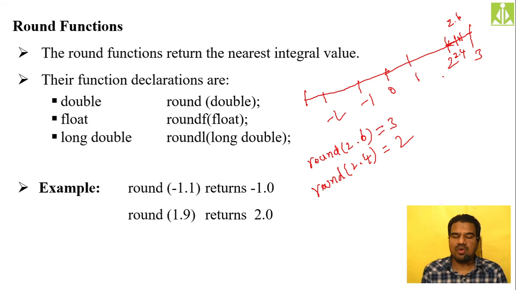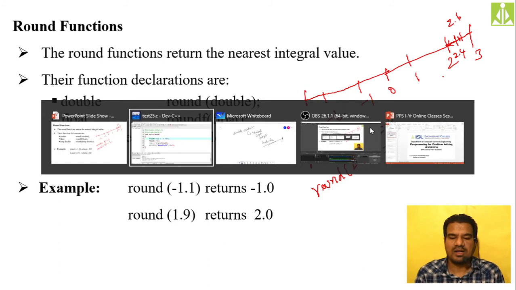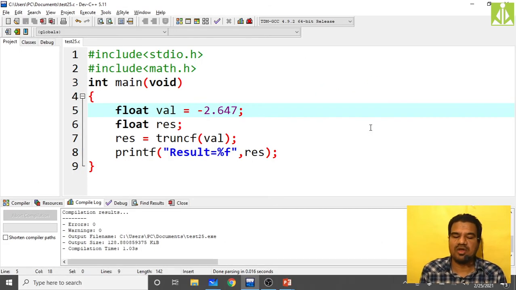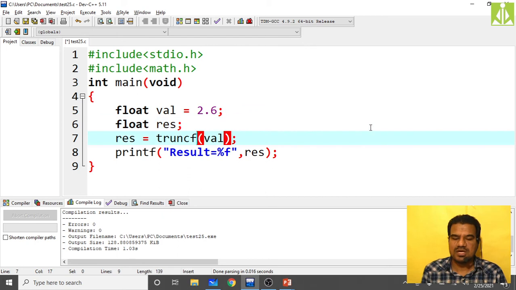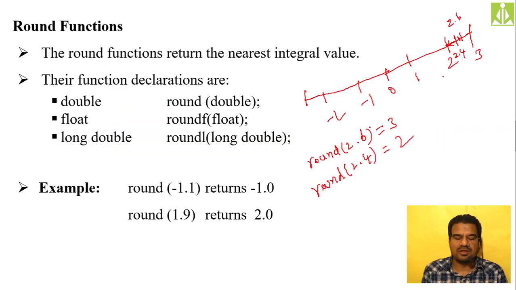So quickly we go and perform this. It will always look for the nearest integral value, unlike ceil, floor, trunc. First I will take 2.6 and then I will take 2.4 and show you the result. For round, we have round for double, roundf for float, and roundl for long double.